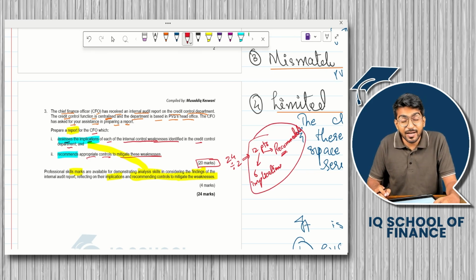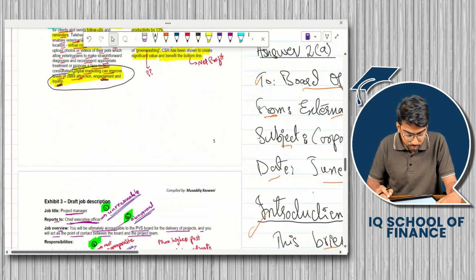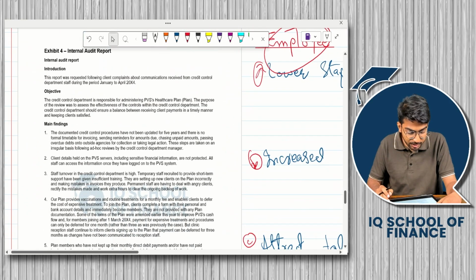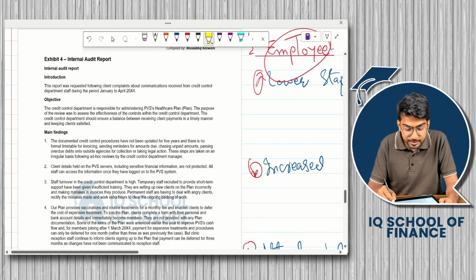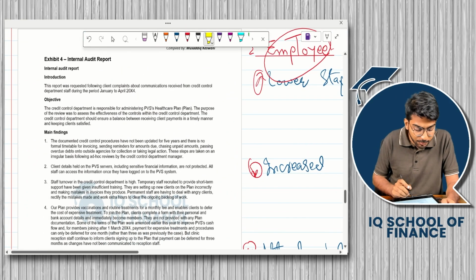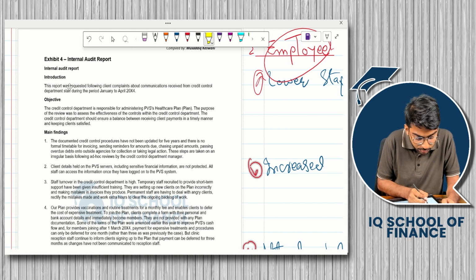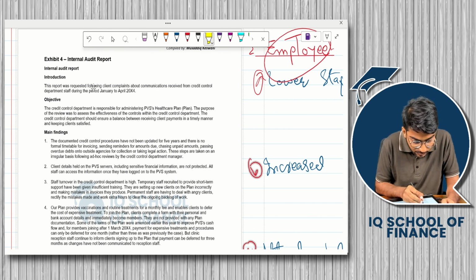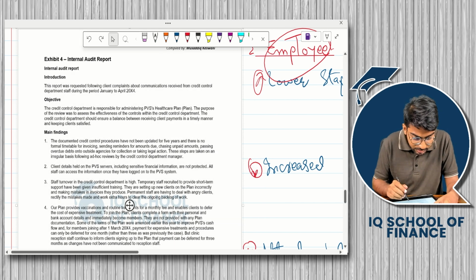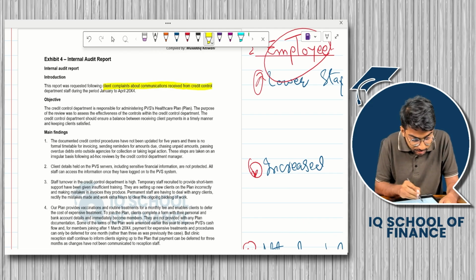So let's move forward and read Exhibit number 4, which was provided for the internal audit report. Down here we have the internal audit report. Let's start and read it. The internal audit report introduction: this report was requested following client complaints about communication received from the credit control department staff during the period January to April 2004.